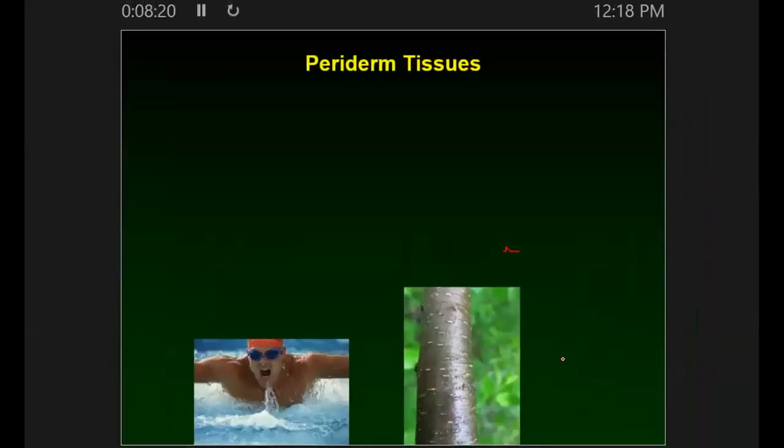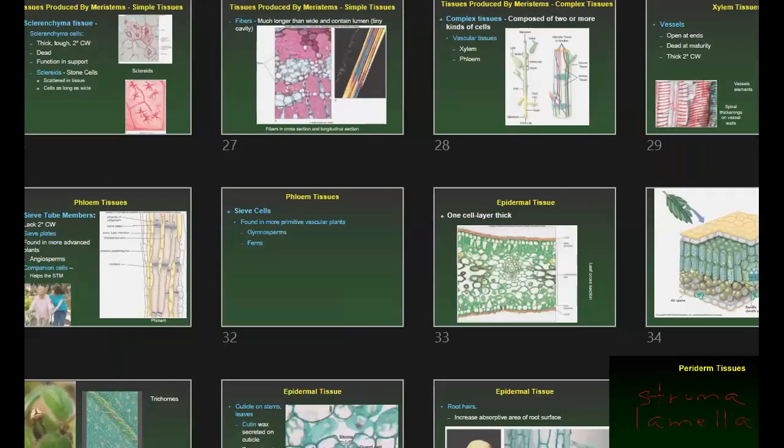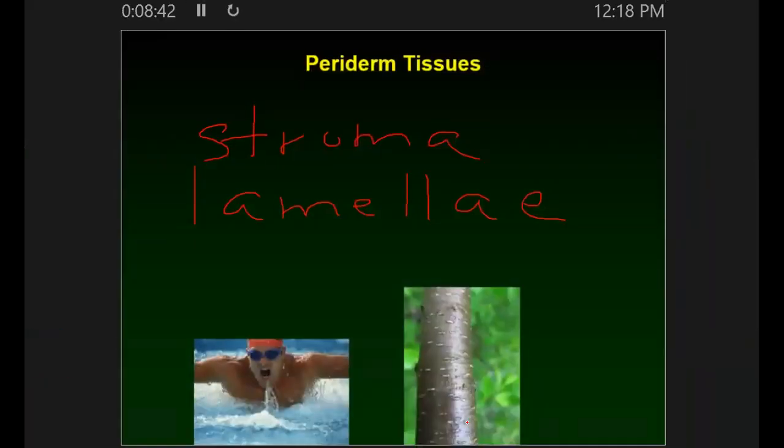Just ignore this slide for a second. Stroma lamellae. L-A-M-E-L-L-A-E. So the stroma lamellae are the relatively unstacked regions of the thylakoid membrane, stroma lamellae.